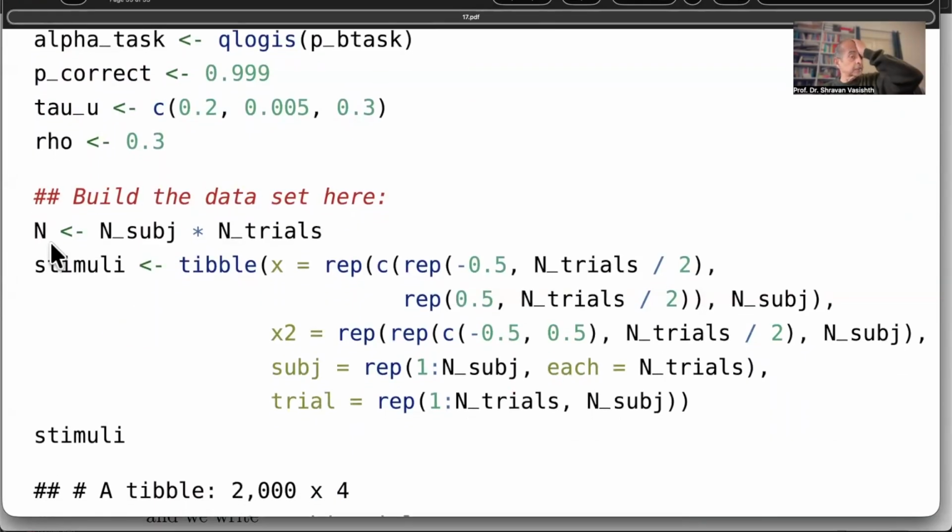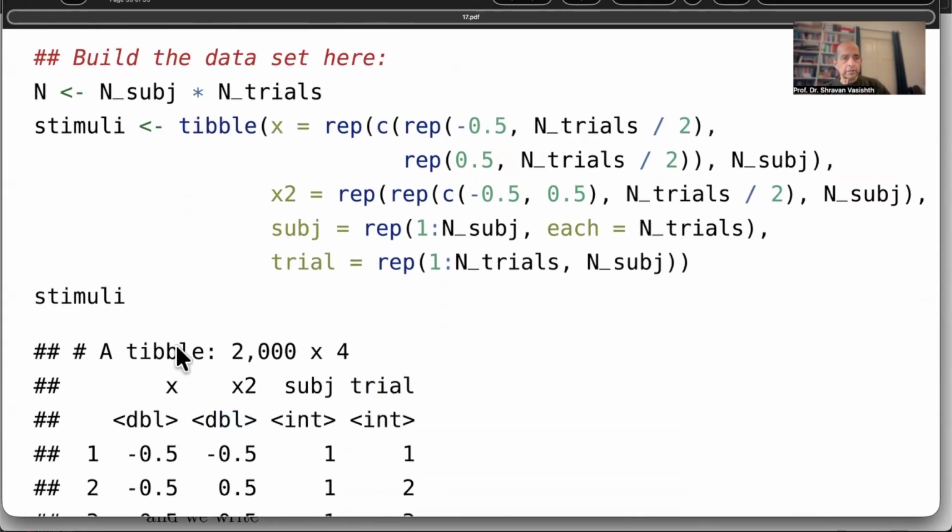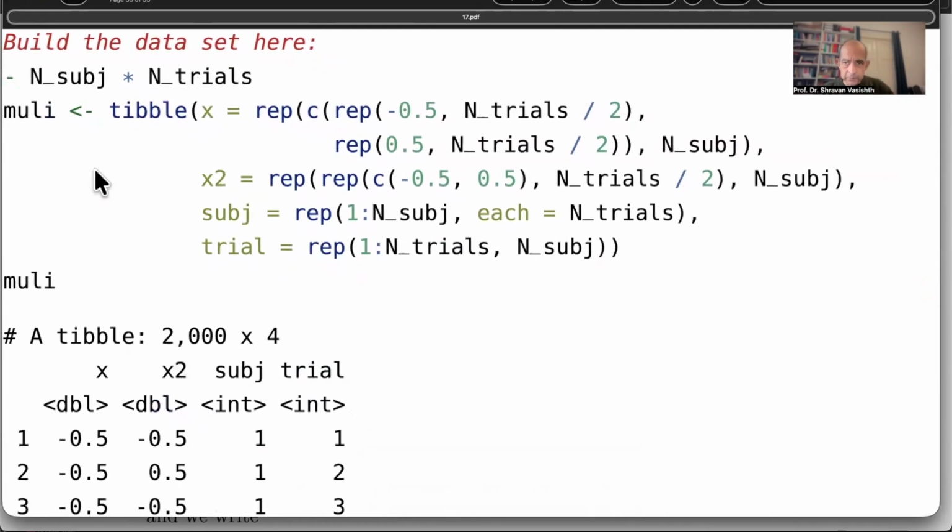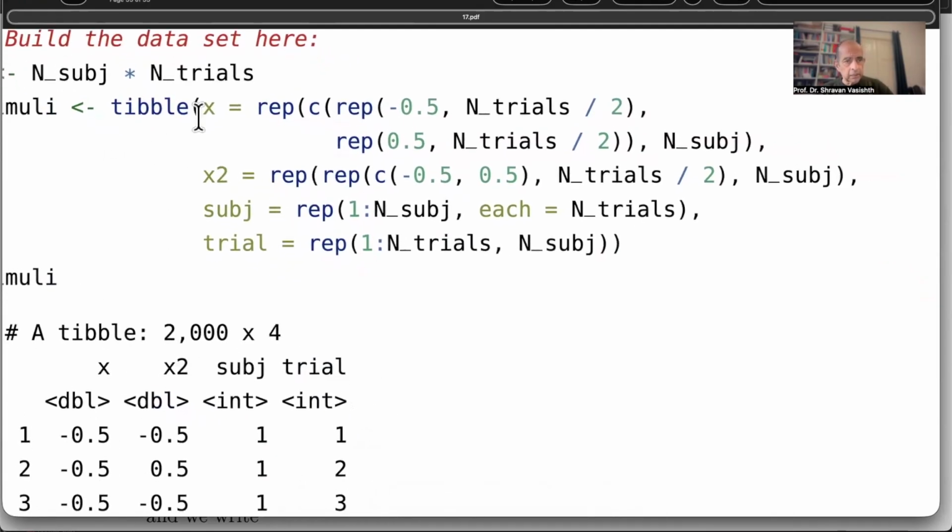The number of data points we'll have is the number of subjects times the number of trials, so 20 times 100. And then what we do is just bookkeeping now, okay? Here we're creating the X column, the X2 column, then the subject IDs, right? Each of the subjects will be repeated 100 times because there are going to be 100 data points for each subject, and then the trial ID is provided.